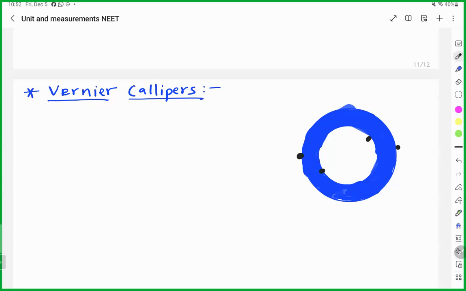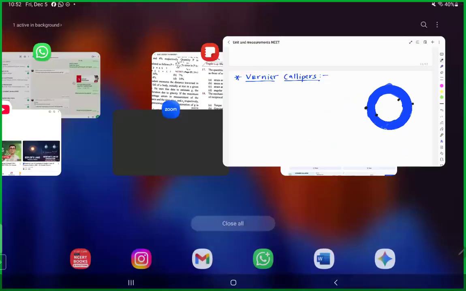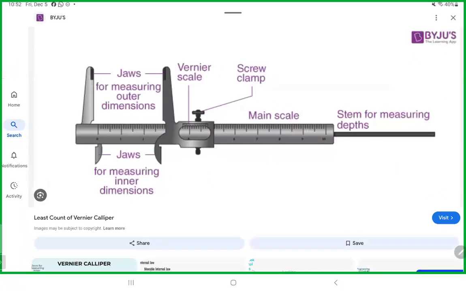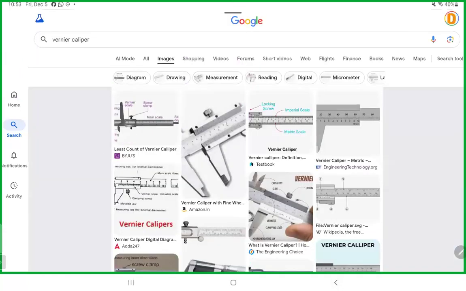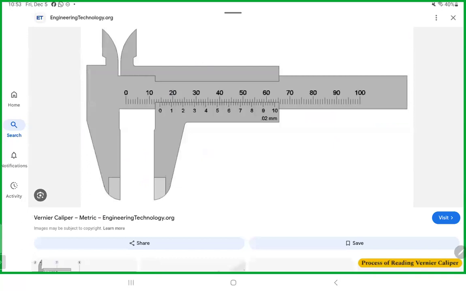It depends what kind of vernier caliper it is. Example, in this case, the upper one will measure the outer one, but in this case, the lower one will measure the outer boundary and the upper one will measure the inner boundary because it will go outward, right? Make sense? Understood, guys?